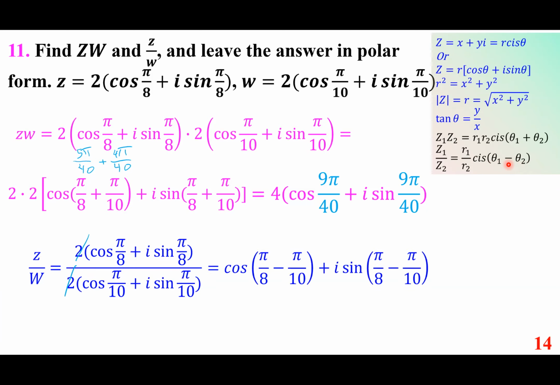Again, 40 is the common denominator, so 5 pi over 40 this time, minus 4 pi over 40, which gives us pi over 40. So the point being, if we want to multiply or divide them, if they are in rectangular form, it's a lot harder than in polar form.